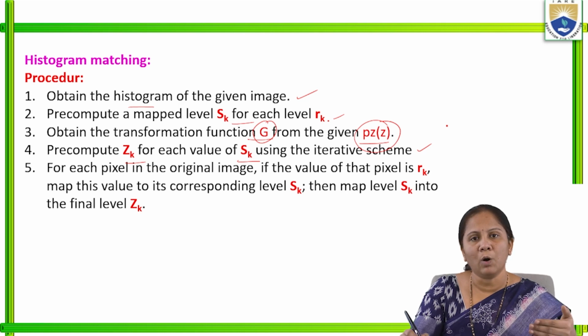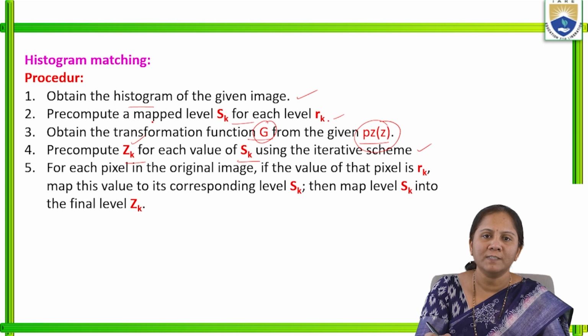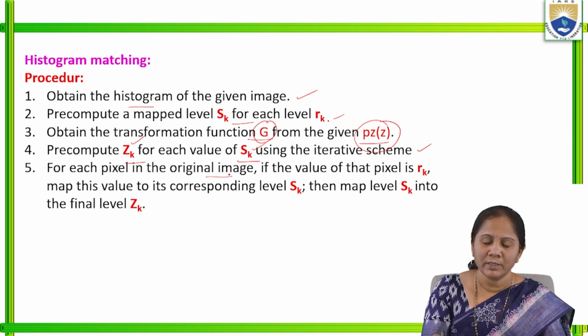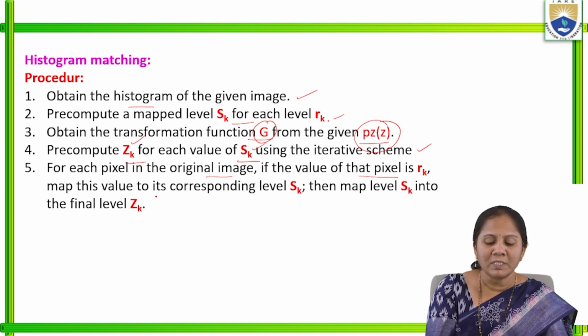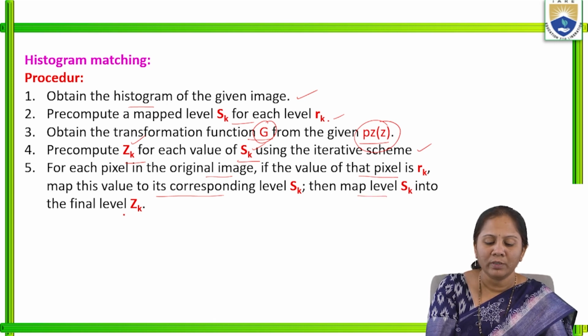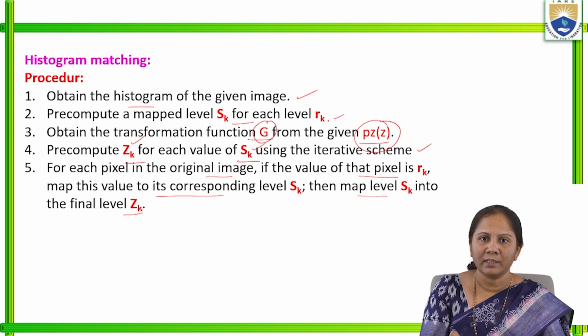That means until all the gray levels are completed, we compute the value of Zk for each value of Sk. The last step is, for each pixel in the original image, if the value of the pixel is Rk, map this value to the corresponding level Sk. Then map the level Sk into the final value Zk. Whatever value we get here is the final value, Zk.